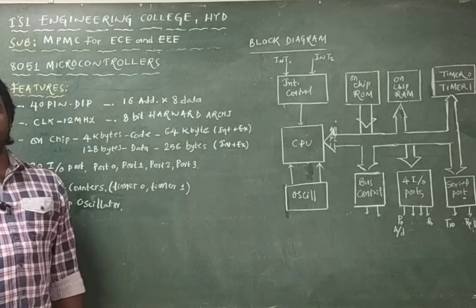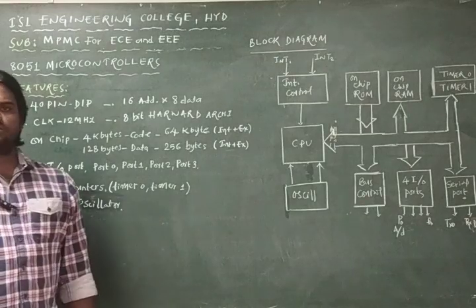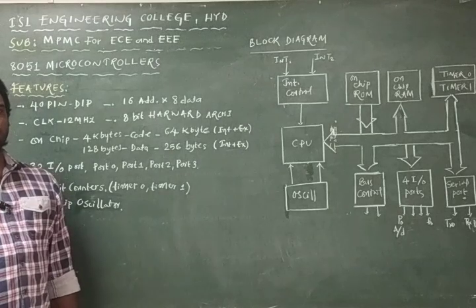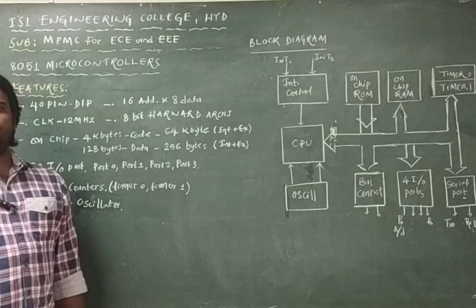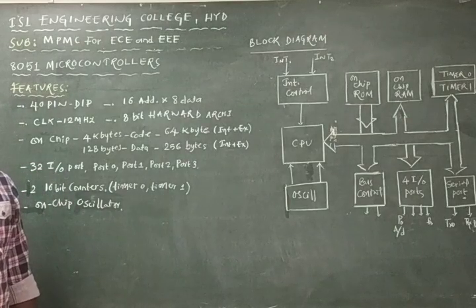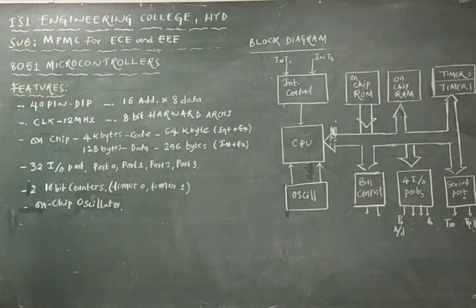Intel Corporation. Along with Intel, some other companies also produce various versions of microcontrollers, like Atmel, Mega, Microchip, Motorola. All these companies are very popularly producing microcontrollers. Now in the syllabus we have one particular microcontroller, that is called 8051.